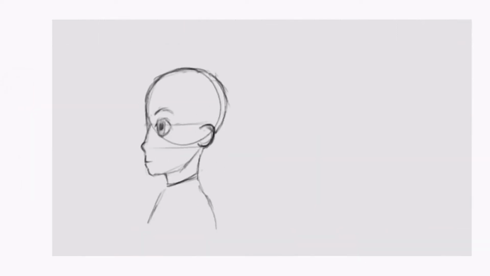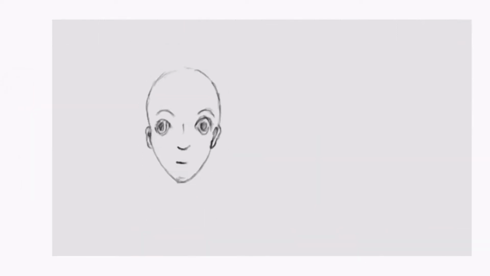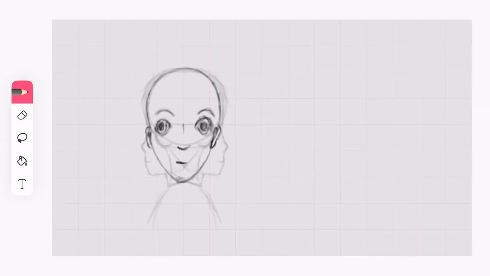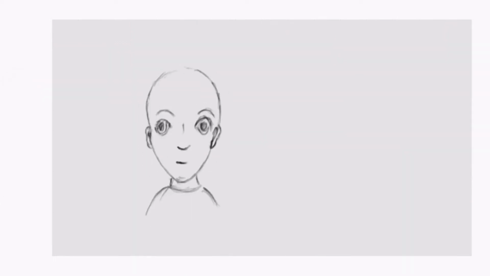So if I play what I have, you can see the head is snapping back and forth, back and forth. But here, he has kind of a, what do you call them, fish eyes. It doesn't feel like the eyes are connected right.